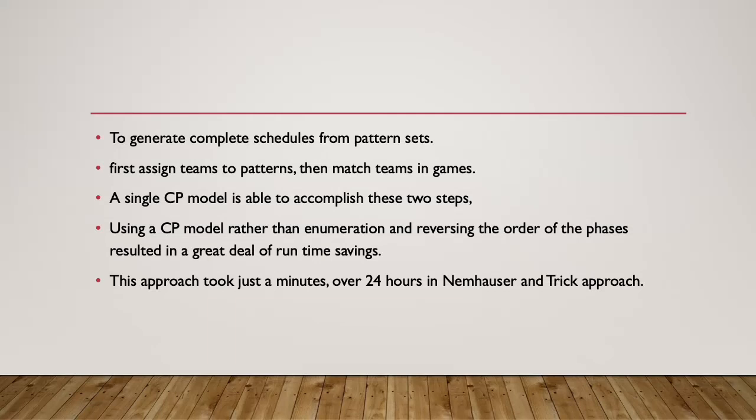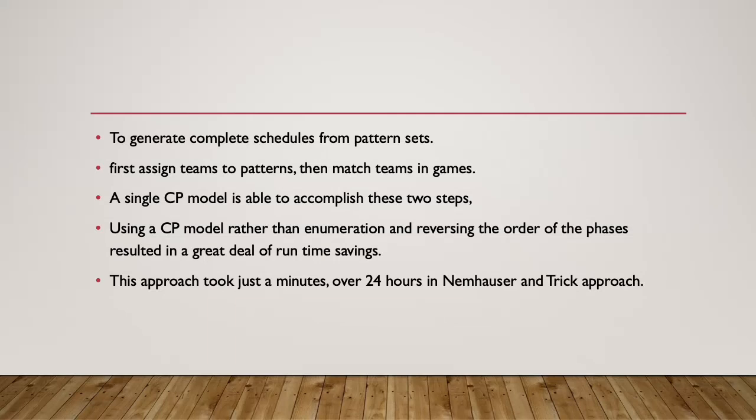A single CP model is able to accomplish these two steps. The assigning to patterns and the matching of teams in games are done in a single step. Although the set of variables matching teams and patterns is completely initiated before any choices are made for the variable that pairs teams into the game.